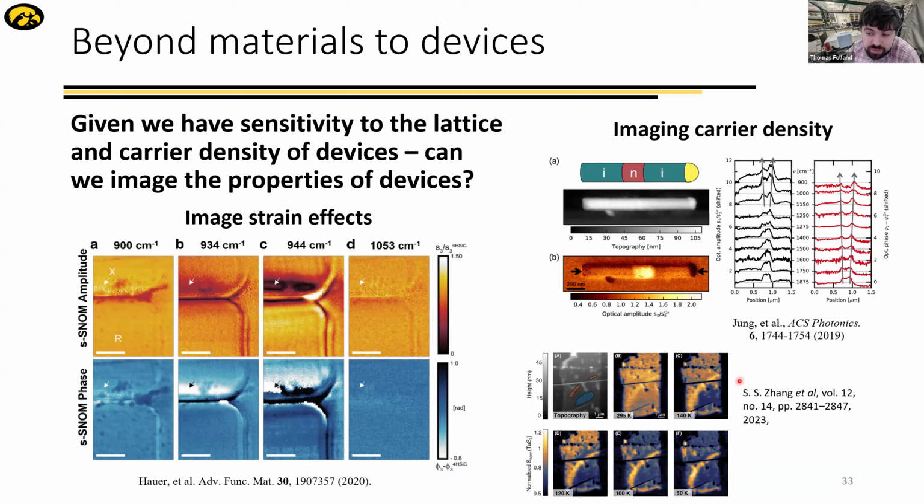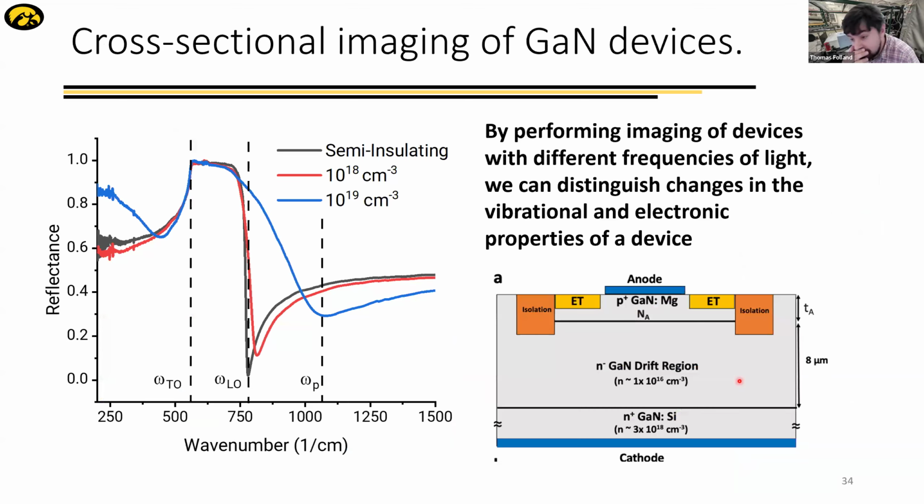One thing that we've been doing is really trying to look at power electronic devices. In principle, the same thing could be done with a van der Waals device. At the moment, we're funded by the Navy to look at gallium nitride power electronic devices specifically.